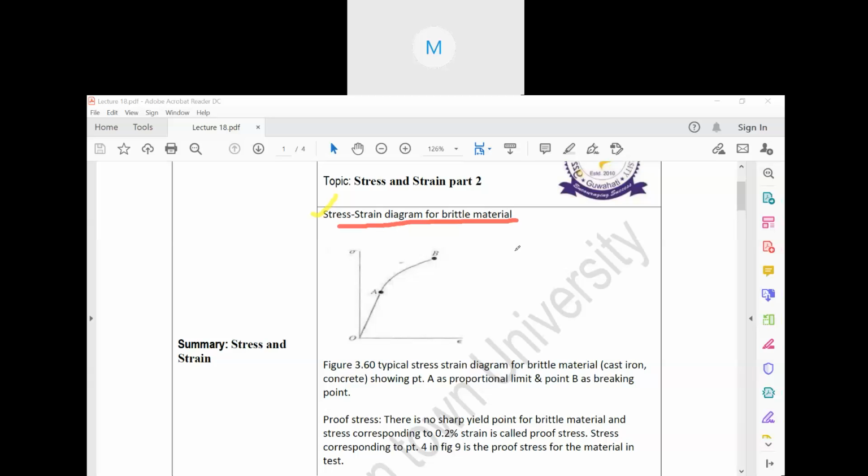Here there are only two points. Number A is the proportional limit, and number B is the breaking point.